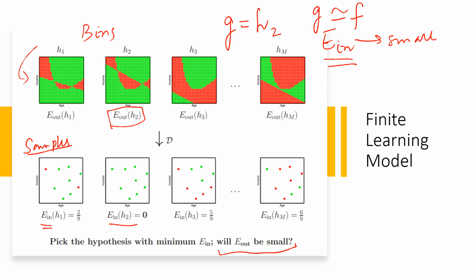Because by sampling and coming up with different hypotheses and calculating the in-sample error, we have biased our experiment, right? We have biased ourselves to choose the smallest in-sample error. What does that mean?